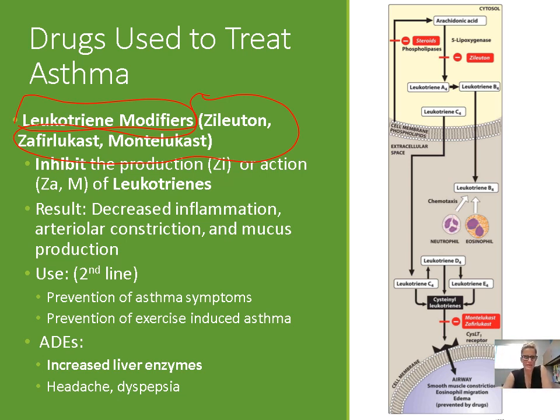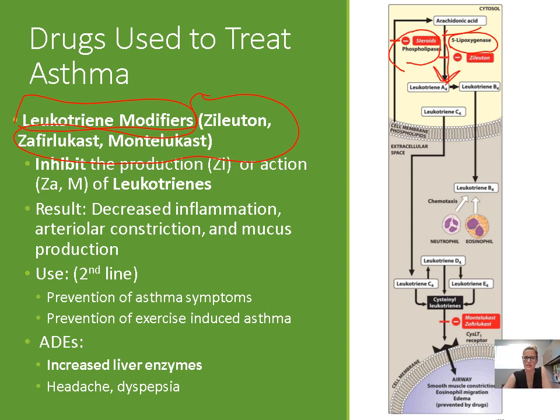What you see in this picture is the overall inflammation cascade. You can see phospholipases here, where the steroids inhibit the phospholipases in order to decrease production of arachidonic acid. Arachidonic acid gets metabolized by 5-lipoxygenase, and that leads to the production of leukotrienes.